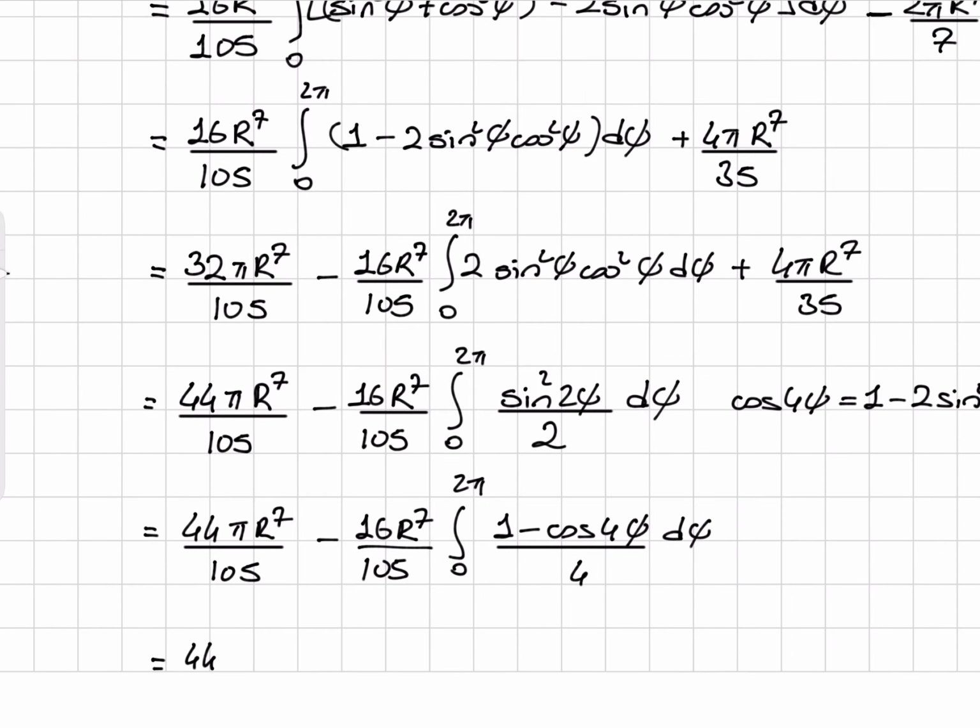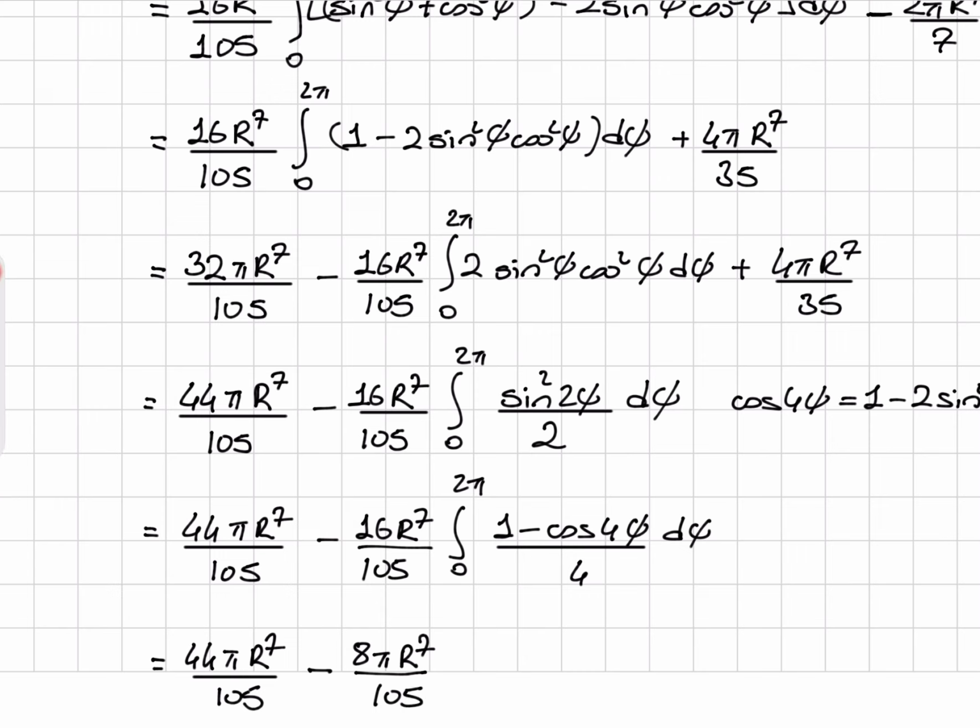44 pi R to 7 over 105 minus this part of the integral will give me 2 pi over 4. So this will be pi over 2. So that will give me an 8 here, minus 8 pi R to 7 over 105.